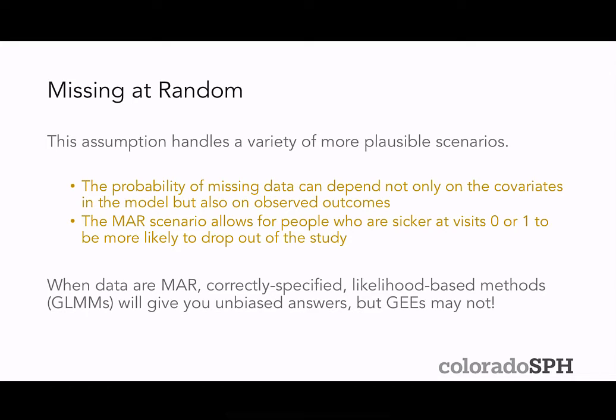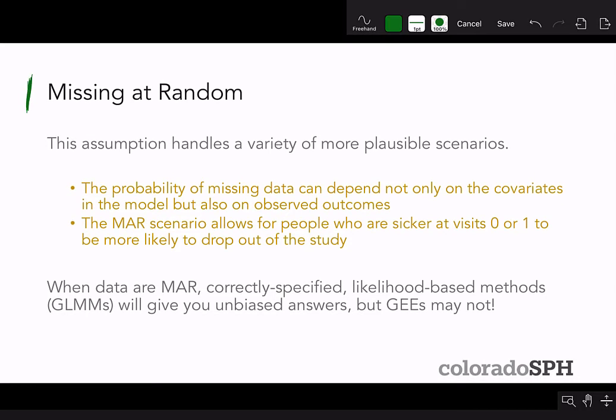So another assumption about data missingness you can make is missing at random. And this is an assumption that handles a variety of more plausible missingness scenarios. In this case, the probability of missing data can depend on any of the covariates you observe in your data set or on observed outcomes.